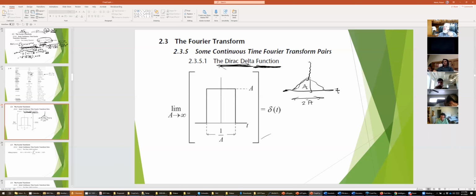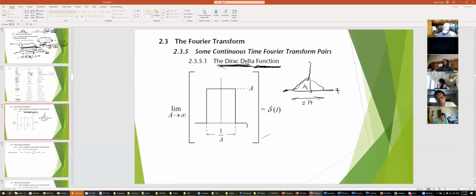Now, just like over here, we could take the limit of this and have it approach a Dirac delta. We could also take this function in the limit and call it a Dirac delta. In fact, there's a whole bunch of functions that we can take as a limit and call a Dirac delta. I'm going to give you some homework on that, but you can see that there's lots of different definitions that we can indeed have.